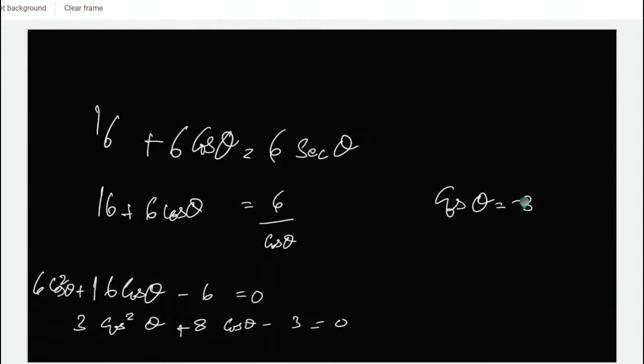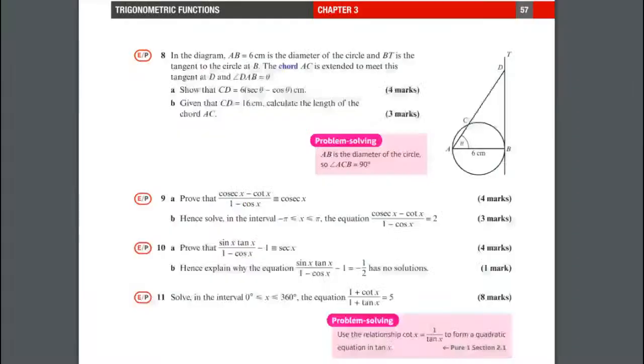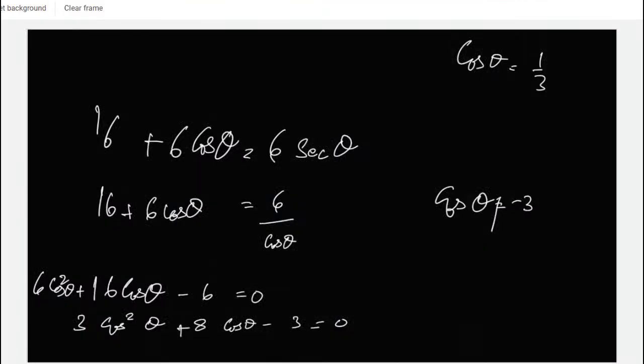Obviously, it can't be minus 3, so it'll be 1 by 3. Now I put 6 into 1 by 3, which is 2. And so 16 plus 2, 18 is the answer.